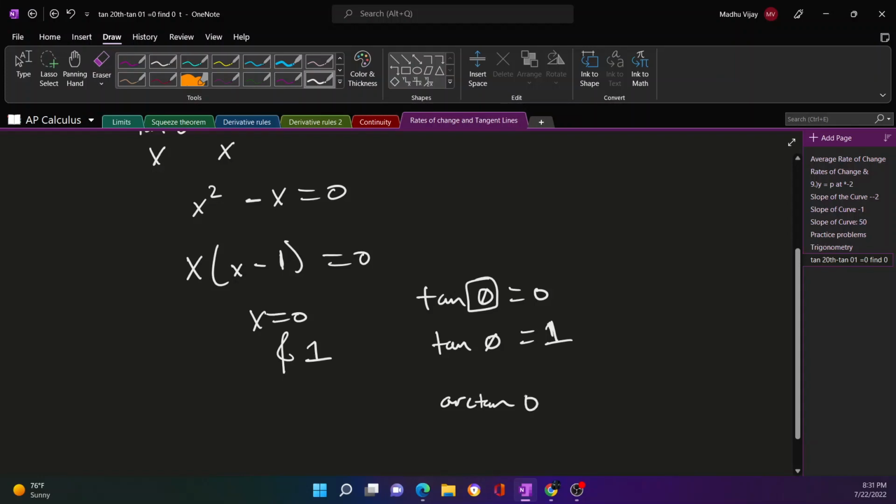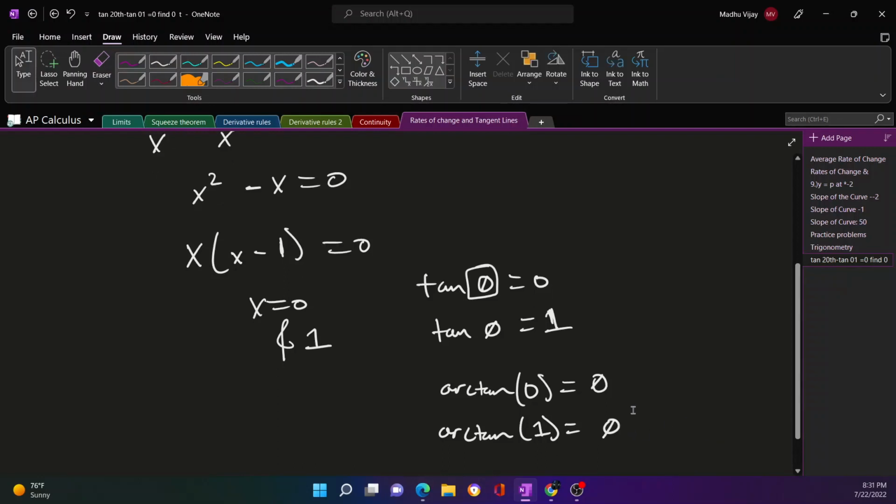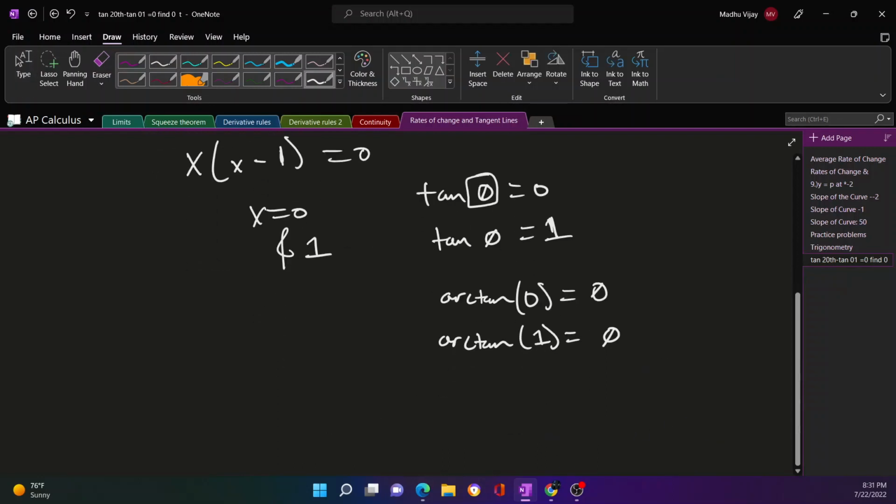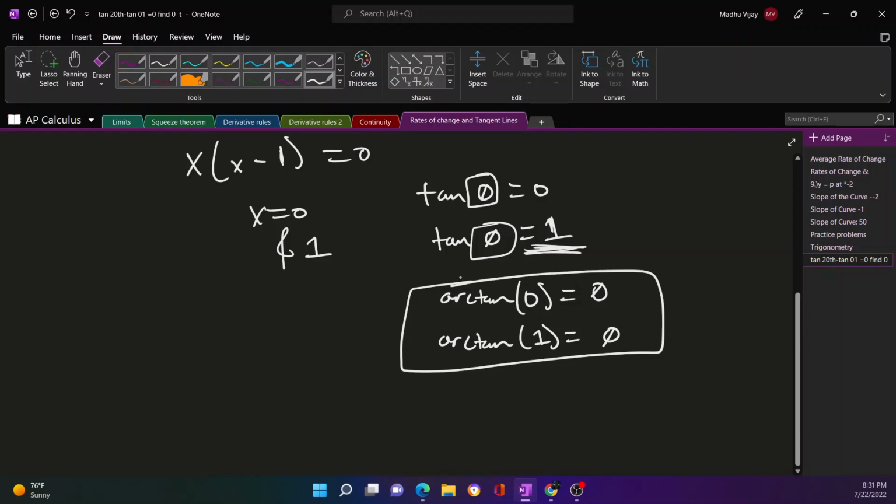So arctan of 0 has to equal theta, and arctan of 1 has to equal theta. Right, because we're given the side ratios, but they're asking us what the angle measure is, so we use inverse tangent, which is arctan. And if you plug this into your calculator, you can figure it out. But most people would just leave it at this.